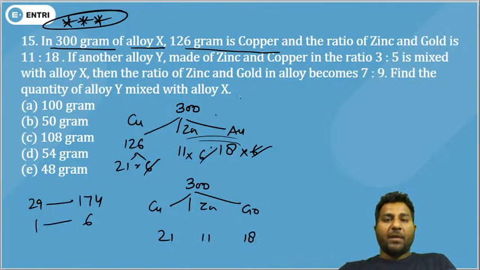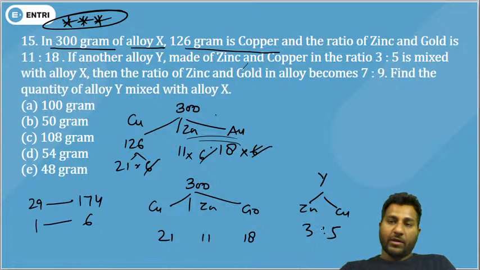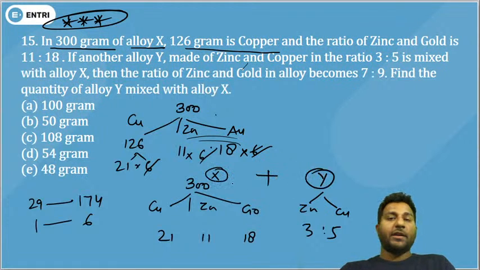But if another alloy Y, made of zinc and copper in the ratio 3:5, is mixed with alloy X, then the ratio of zinc and gold will become 7:9.